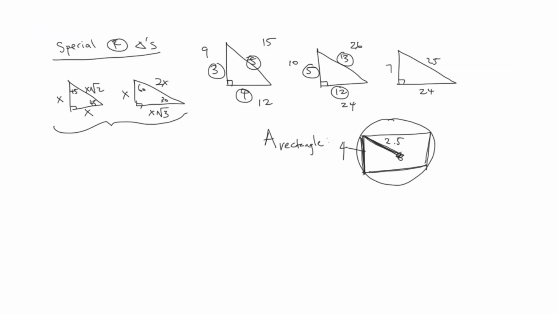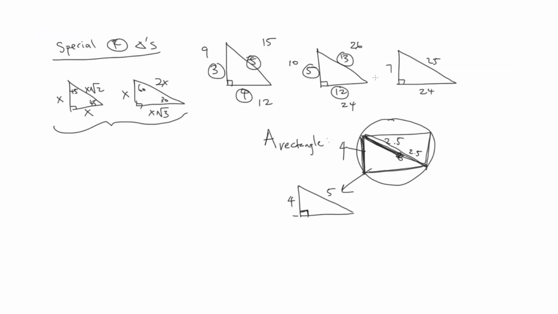Well, if we were to draw the complete diameter of this, it'd be 2.5 and another 2.5, so the hypotenuse would be 5. I'm going to redraw that triangle. So this would be 5, this length would be 4, and since we know that it's a rectangle, this would be a 90-degree angle.